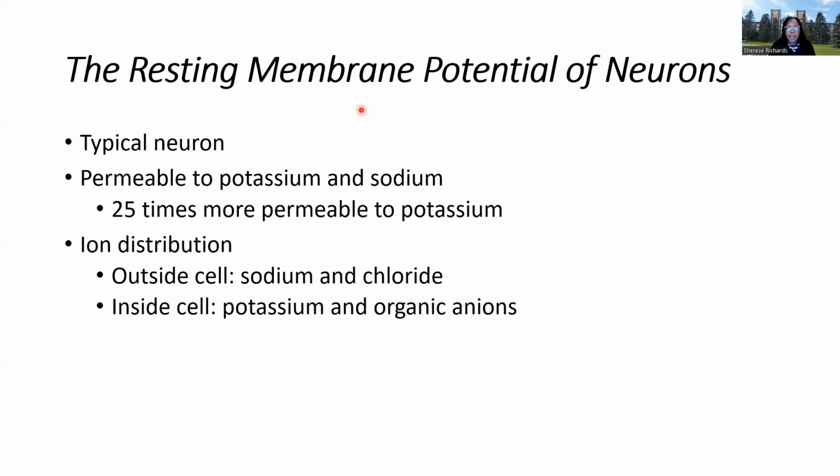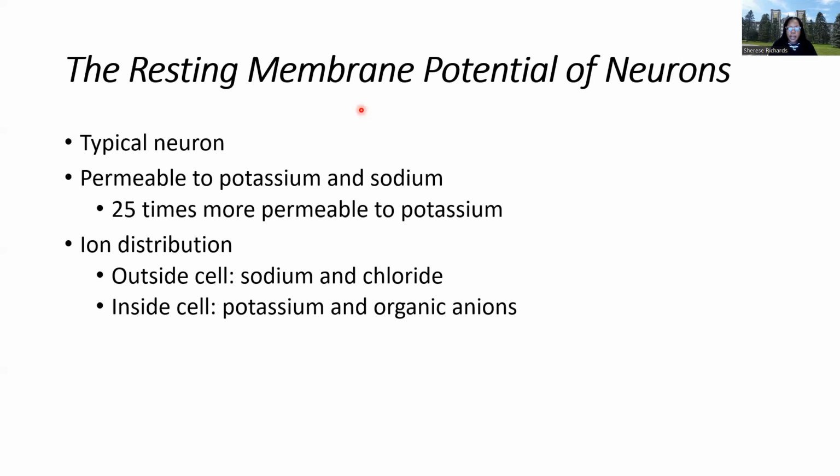The other thing is to think about the ion distribution. On the outside of the cell, we have an excess of sodium ions, but that is being equally balanced by an excess of chloride ions. Sodium is positive, chloride is negative, and both of those ions are distributed on the outside of the cell.